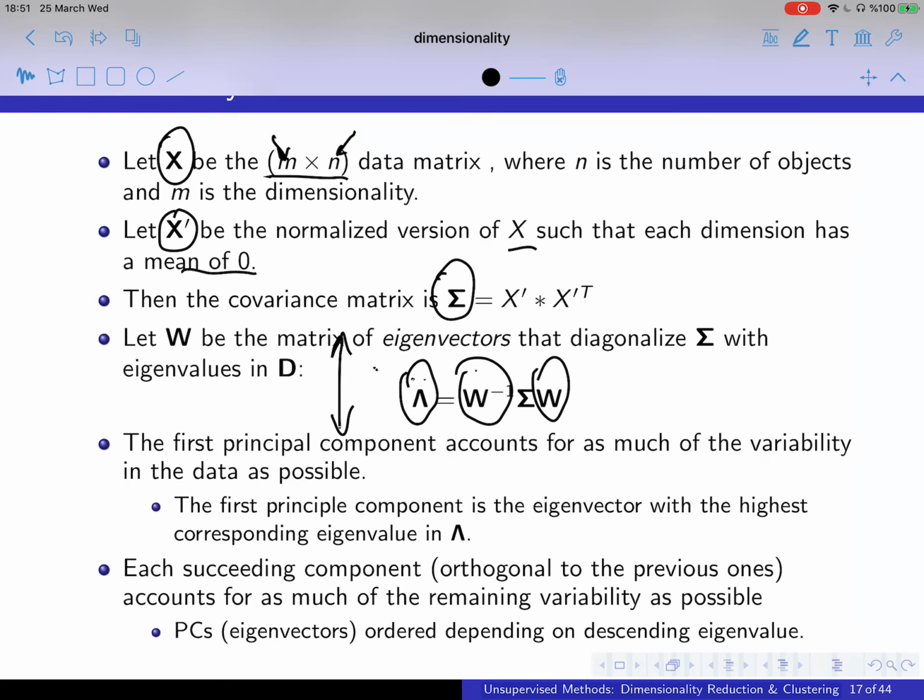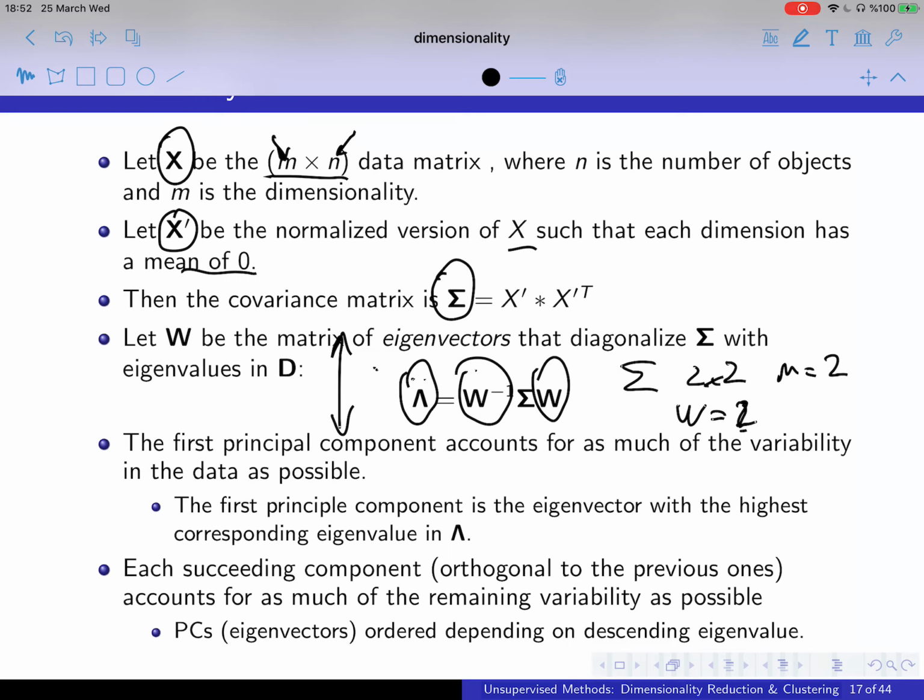Okay, so the eigenvalue that's highest gives you the eigenvector that has the most stretch, so to speak, the highest variance. So that's your first eigenvector. And then the next one is the second eigenvector. Obviously, for example, if sigma is a 2 by 2 matrix, which means m is equal to 2, you have 2 dimensions, then w is again a 2 by 2 matrix.